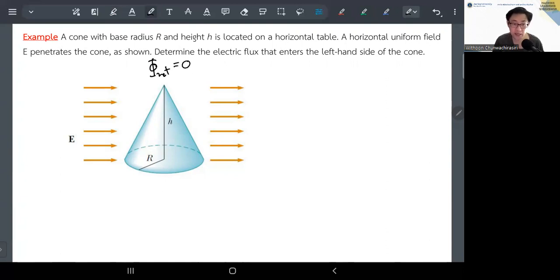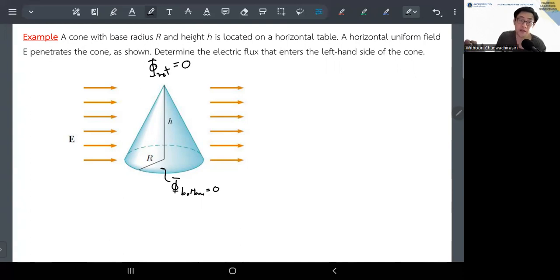Why? Because electric field lines pierce into this cone on the left side of the cone, and all of those field lines eventually exit on the right. So there's no net; it's in equal to out. You also know there's no flux in the bottom. The bottom flux is also zero because there's no penetration of these electric field lines through the bottom surface.